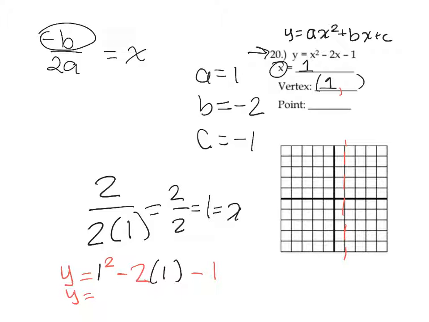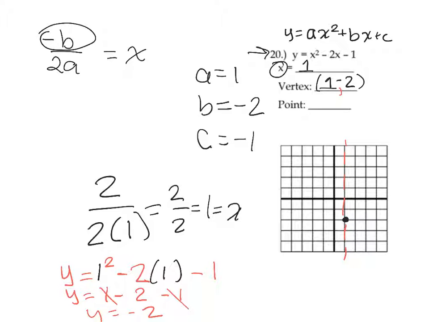So y equals 1 squared is 1 minus 2, 2 times 1 is 2, minus 1 again. Our 1's cancel, positive 1 minus 1, and we're left with y equals negative 2. So my vertex will be over 1, down 2.